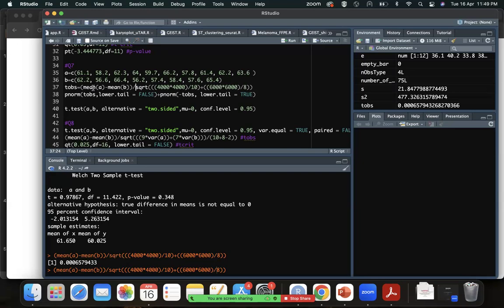Let's calculate one at a time. What is mean A minus mean B?